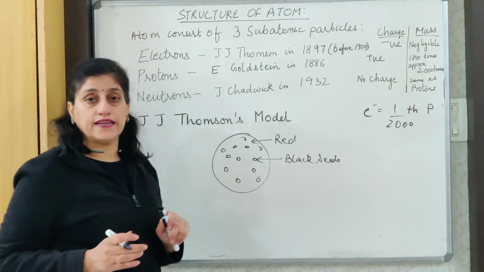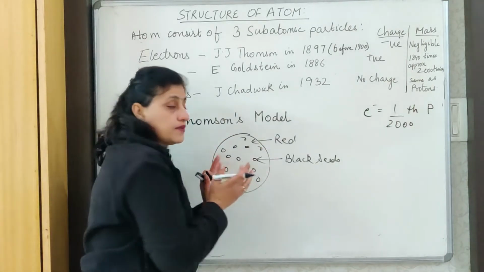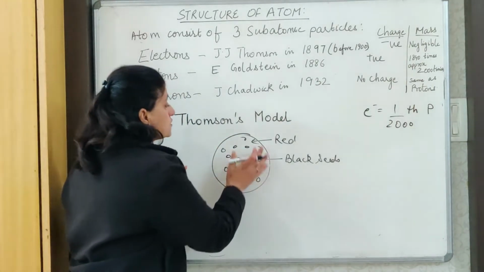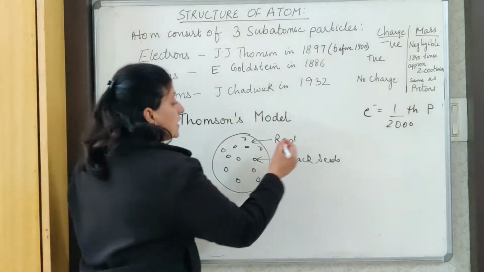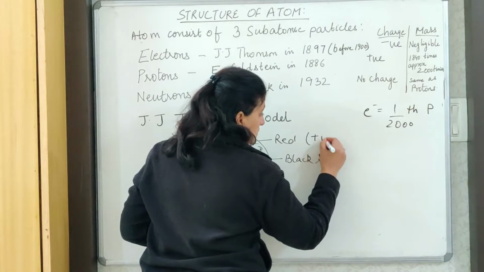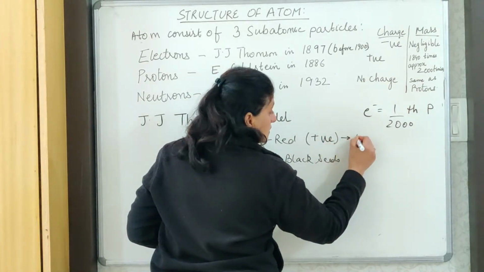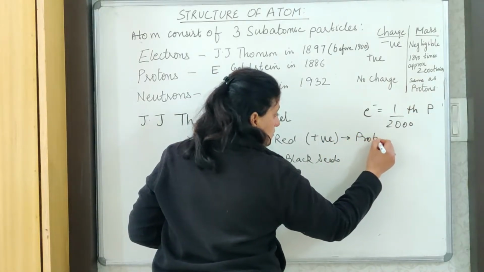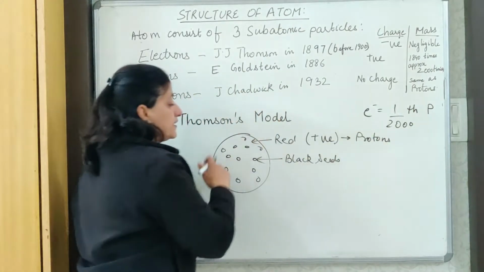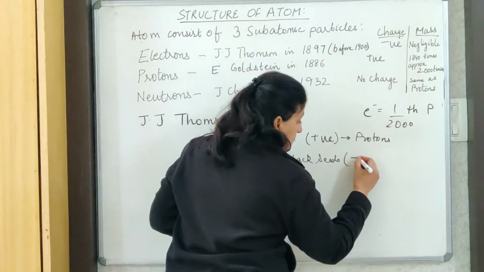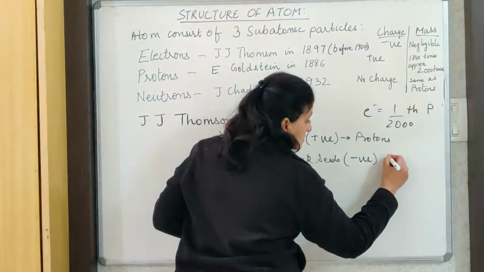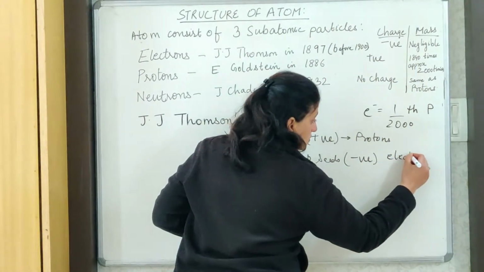So he said that the entire atom is a sphere of positive charges, or we can say that the red part was taken as the positive charges, that is the protons, and embedded in it, these black seeds were taken as the negative charges, that is the electrons.